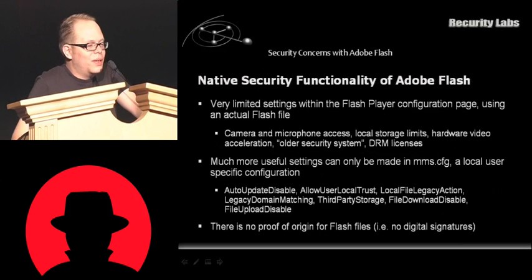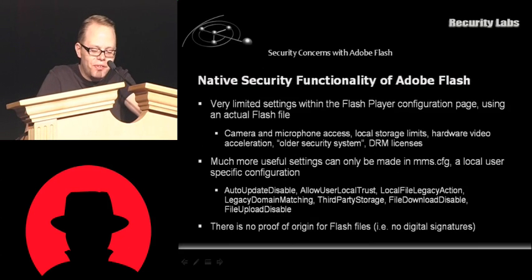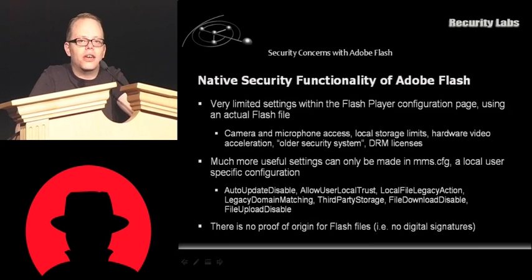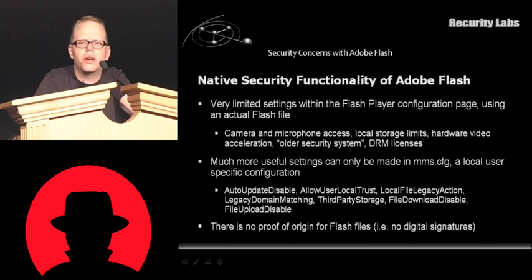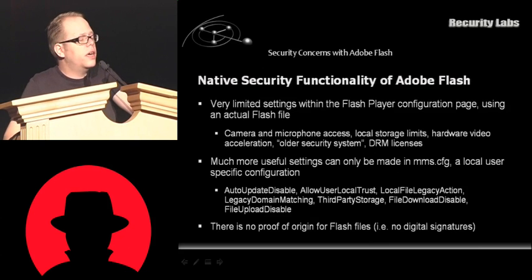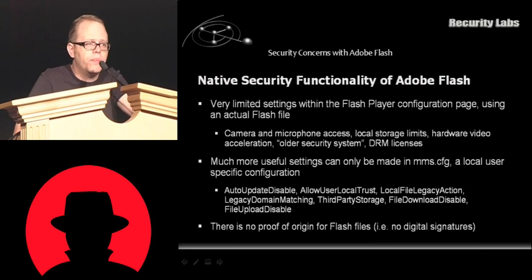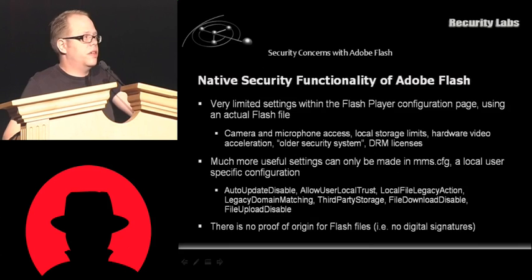So what Flash actually natively provides in terms of security is very limited. So you have a couple of settings that you can do on the so-called settings manager, right? Which is actually a Flash file hosted on macromedia.com, and I don't even want to know how they did that.